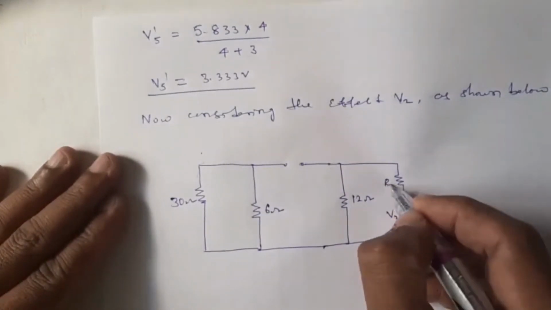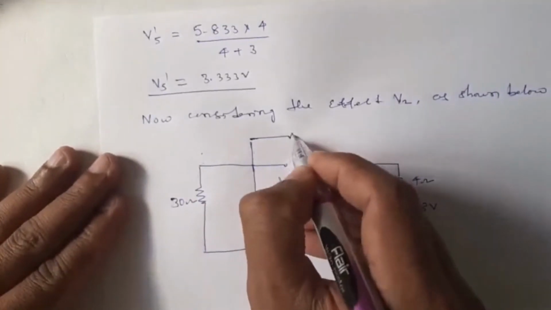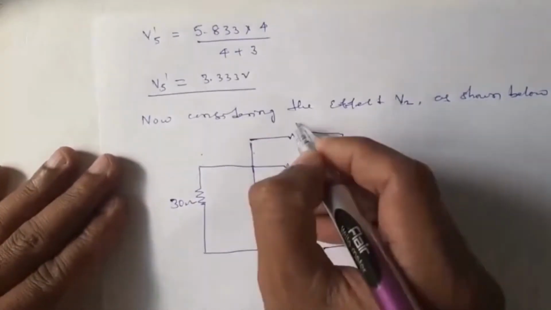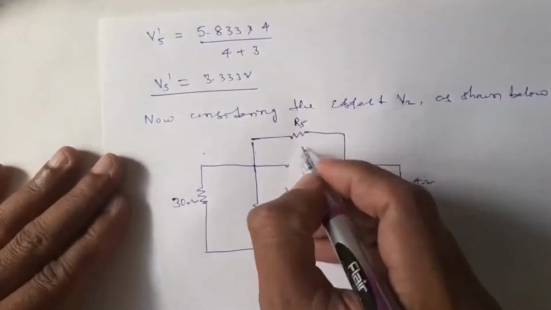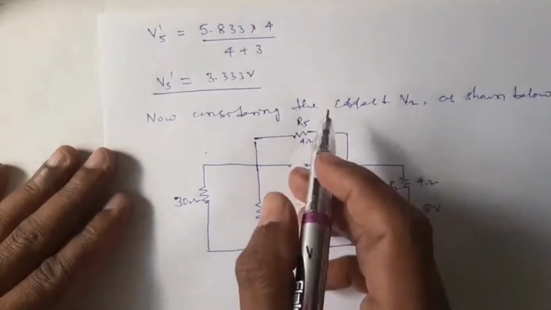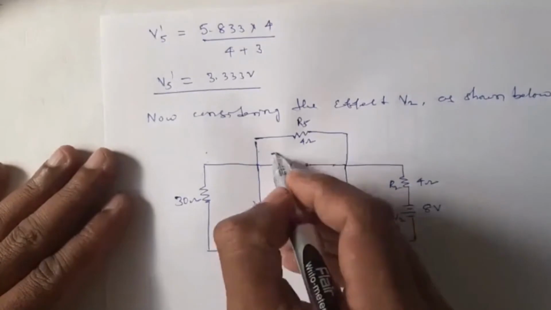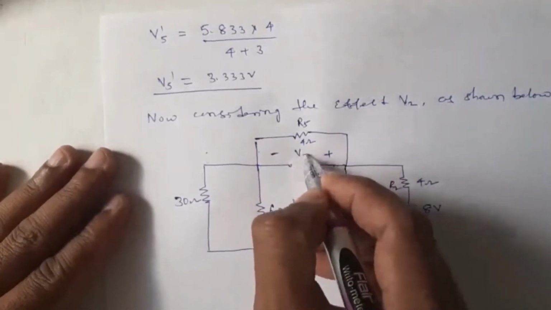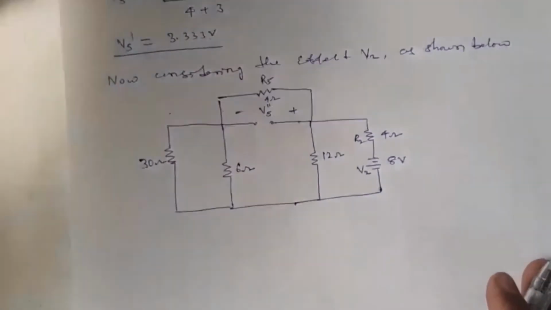R2 is 4 ohm. And here you have R5, which is basically 4 ohm. And across R5, this time, we are supposed to find V5 double dash, with minus and plus. As usual, the same procedure I'll adopt.